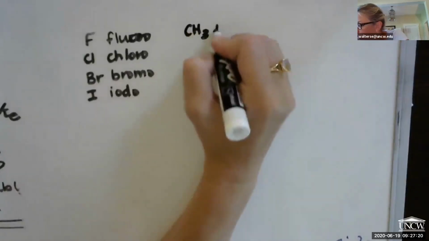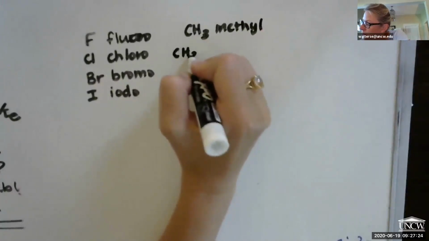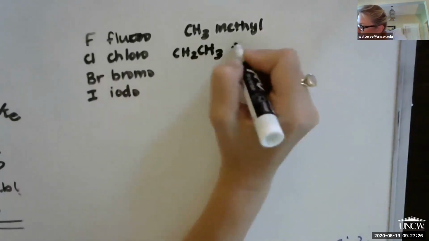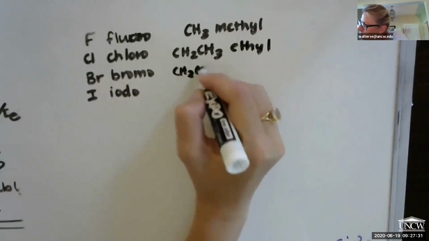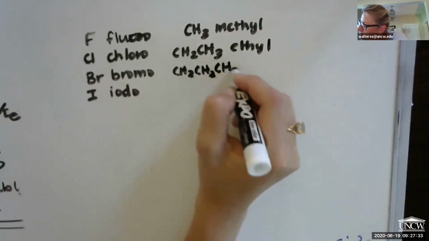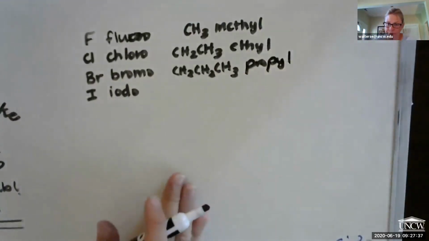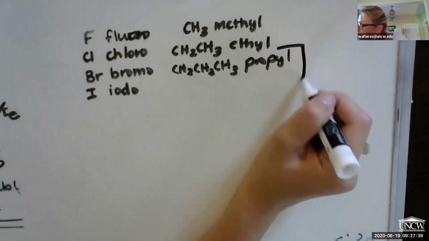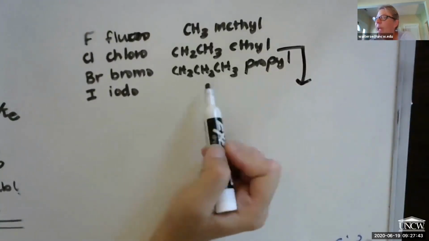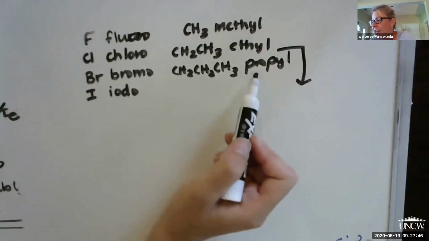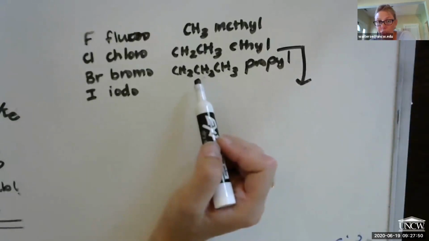So here you could have a methyl group, an ethyl, then a propyl, etc. But once you get to here, you have various ways in which you can attach from the parent to the 3-carbon group.